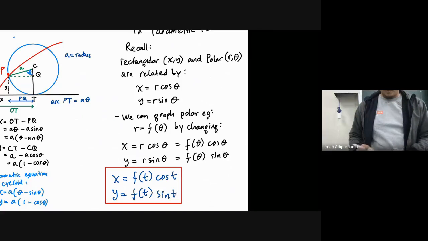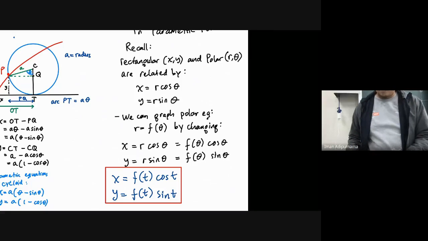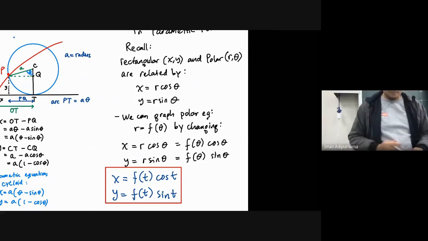So let's see if we can handle the conic sections. Hopefully parabola and ellipse.